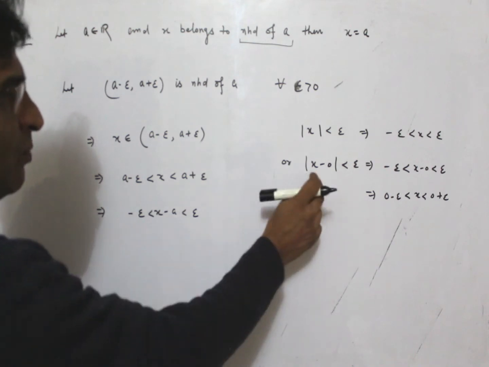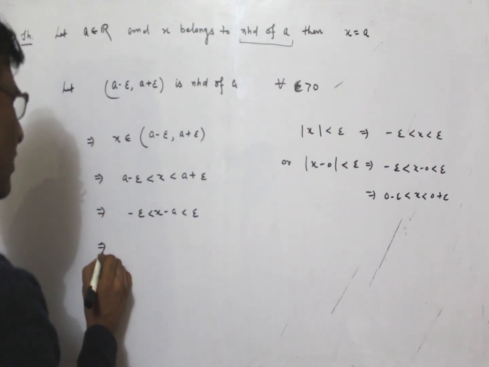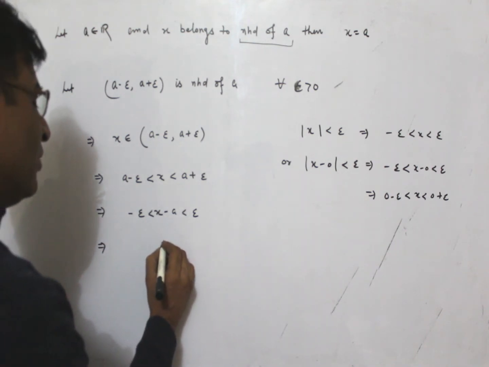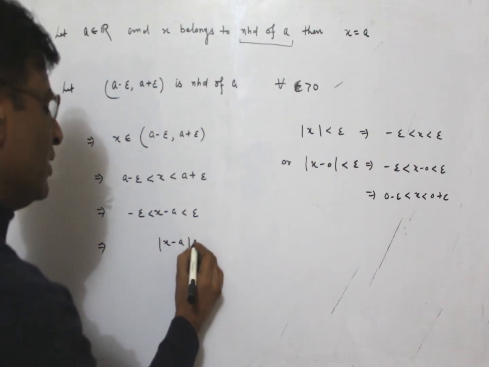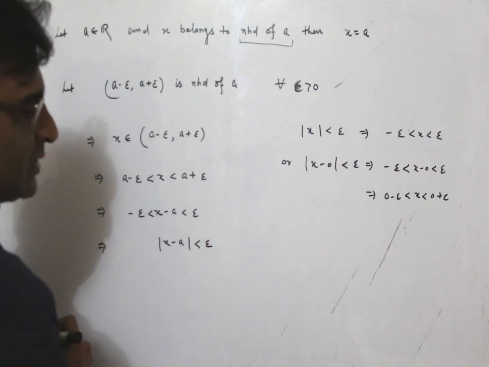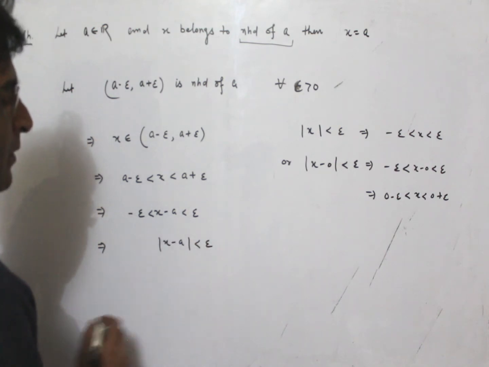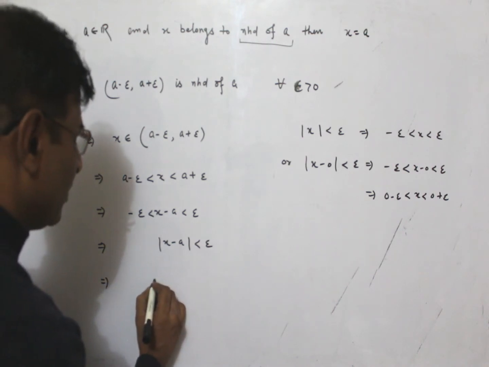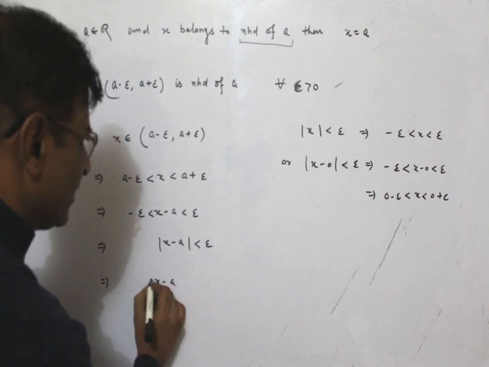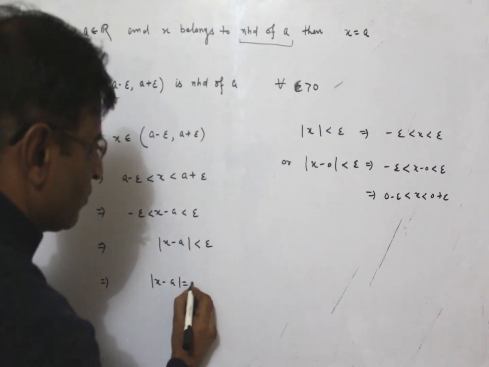Now by this property we have |x minus A| less than epsilon. From this we have |x minus A| equal to 0.